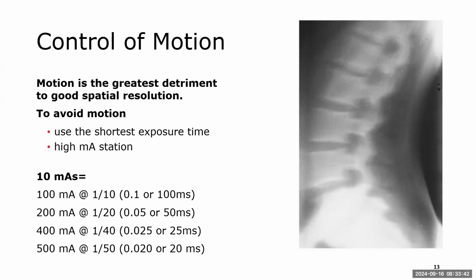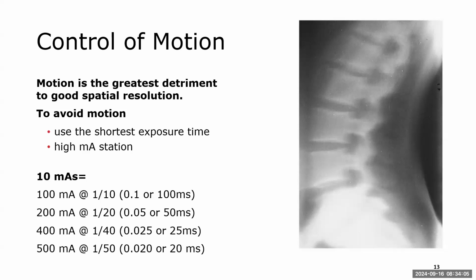Because motion is the greatest detriment to good spatial resolution, do you see how blurry that image is? If that's your back, do you want that image to be the one that the radiologist gets? Absolutely not. You can't tell if there's a fracture there. It could be very subtle and it would be missed.